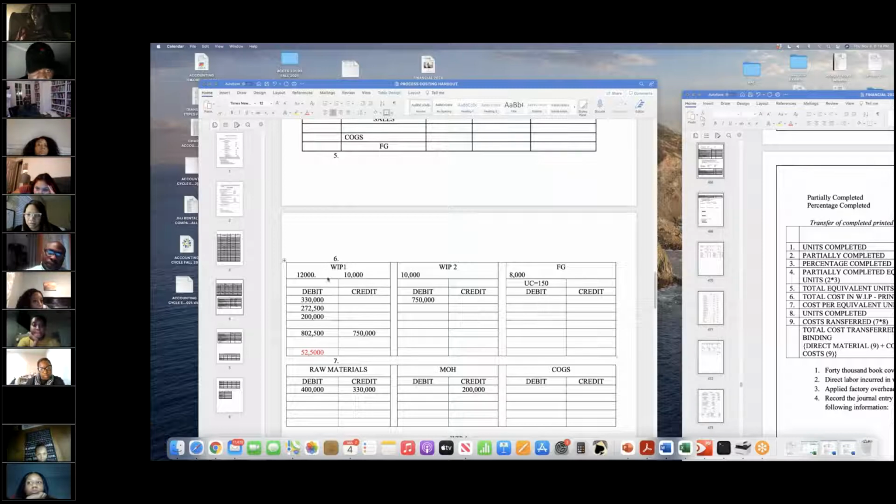I was saying that you only brought 10,000 in. Okay. And of course, by the time we get to the finished goods, we only sent over 8,000.